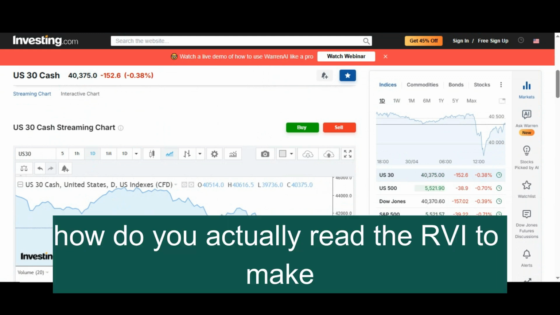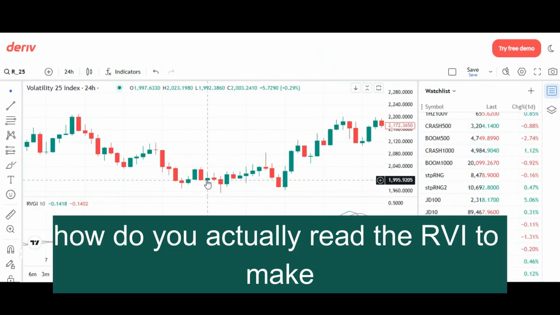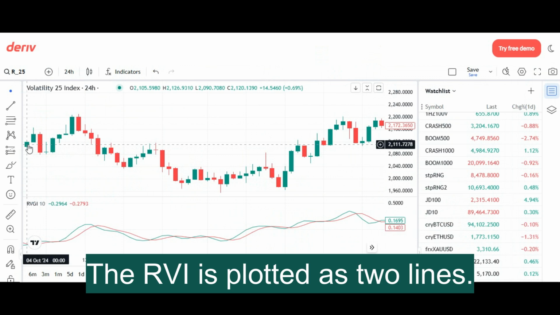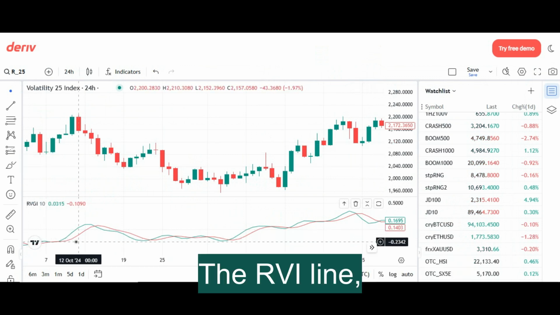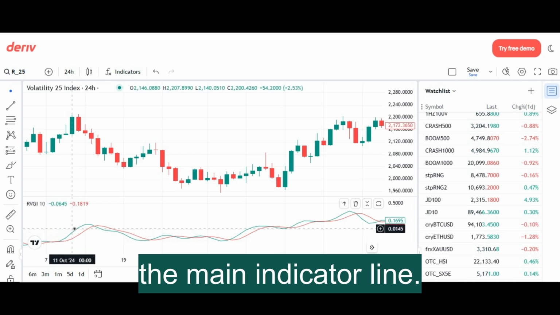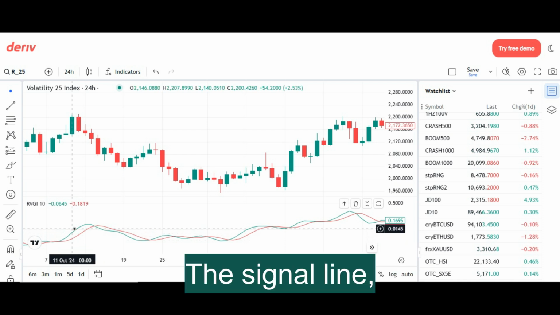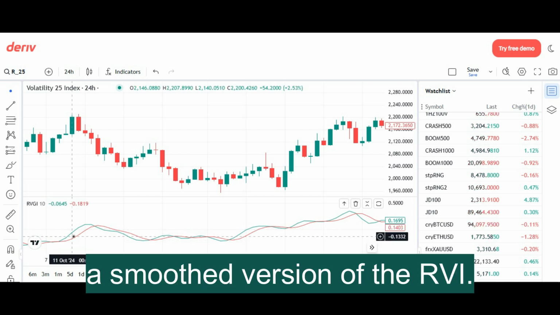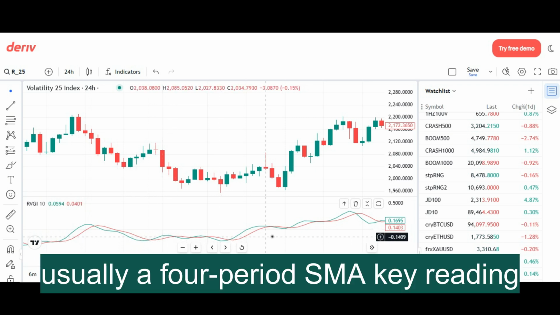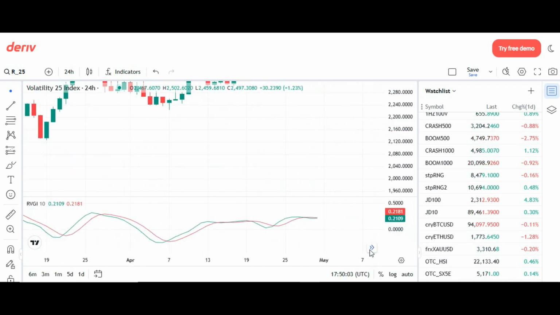Now, how do you actually read the RVI to make trading decisions? The RVI is plotted as two lines. The RVI line, the main indicator line, and the signal line, a smoothed version of the RVI, usually a 4-period SMA. Key reading points.